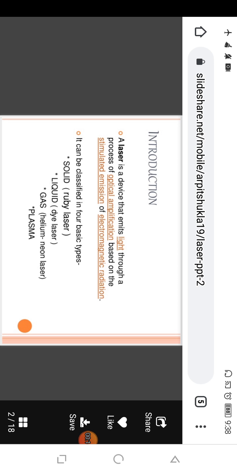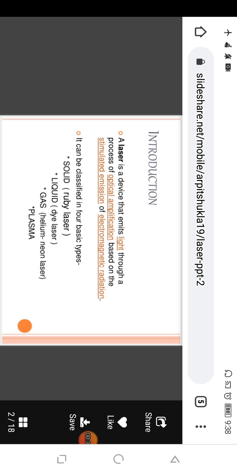Today, we are going to discuss about helium neon laser. Now, coming back, a laser is a device which emits light by stimulated emitted radiation, after which a sufficient amplification laser is produced.